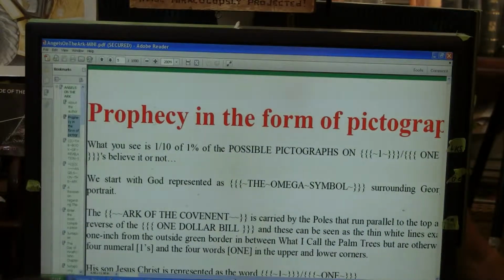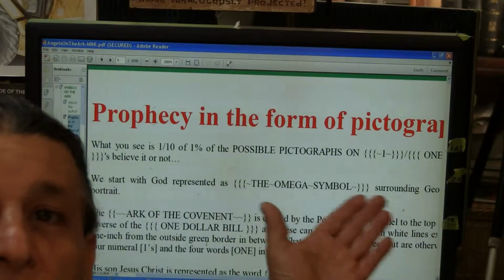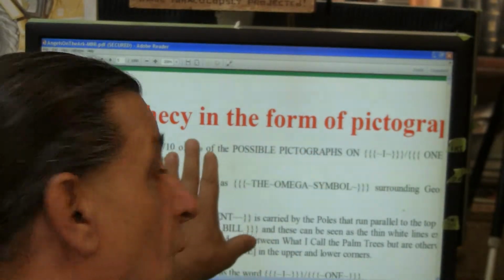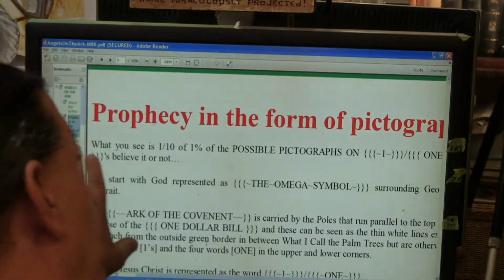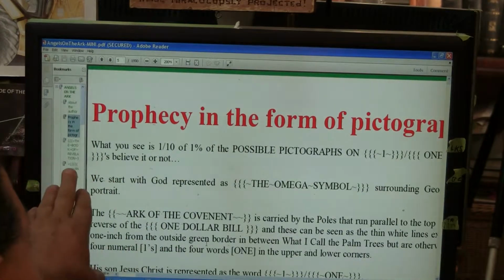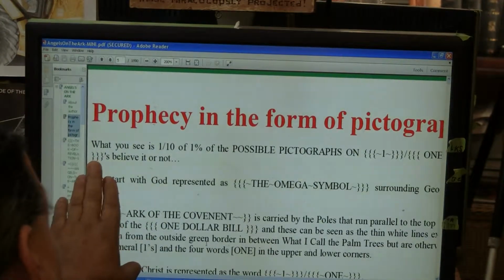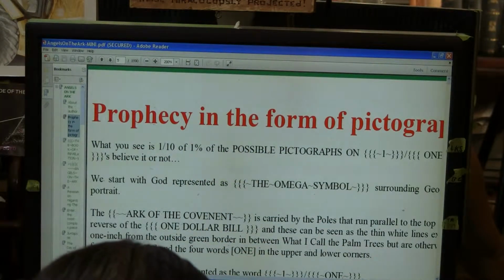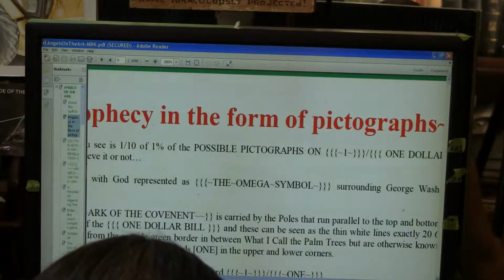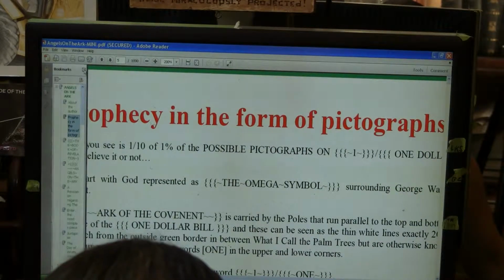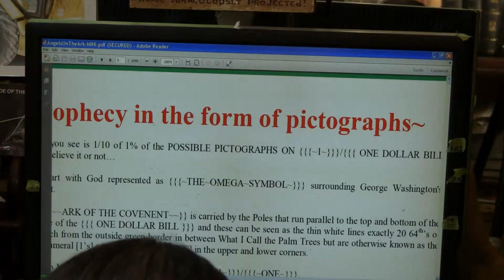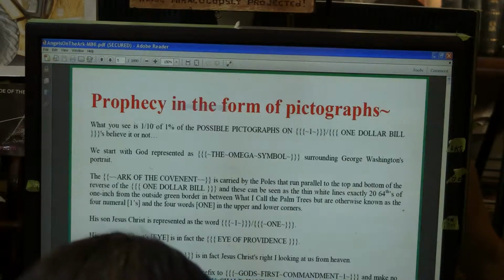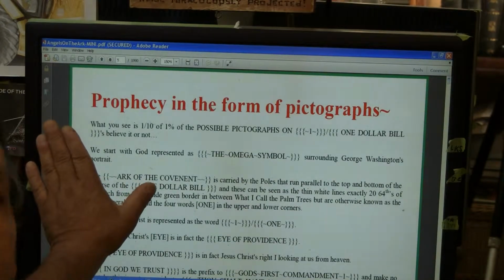It has all the options of a Kindle reader, but it's a computer ebook, soon to be downloaded in Kindle. The chapter number 2 in the book is Prophecy in the Form of Pictographs. We'll center this and bring it down to, let's say, 150%.